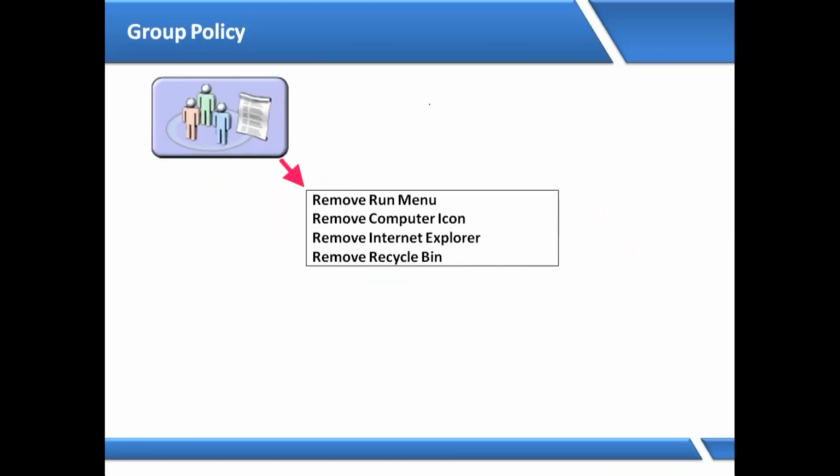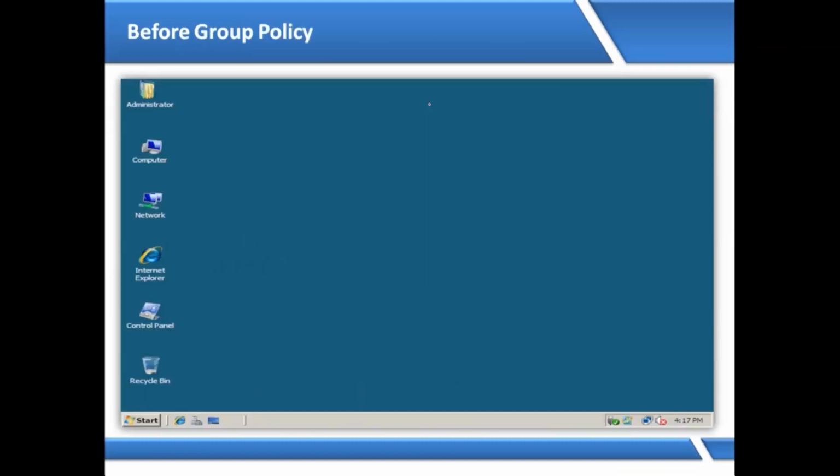Now the company wants these icons to not appear on their desktop. Normally they will be there before you apply the group policy. These are the icons. Now the company doesn't want the computer icon, Internet Explorer, and recycle bin. So these three icons should be blocked. Who has to block this? The administrator. From where?